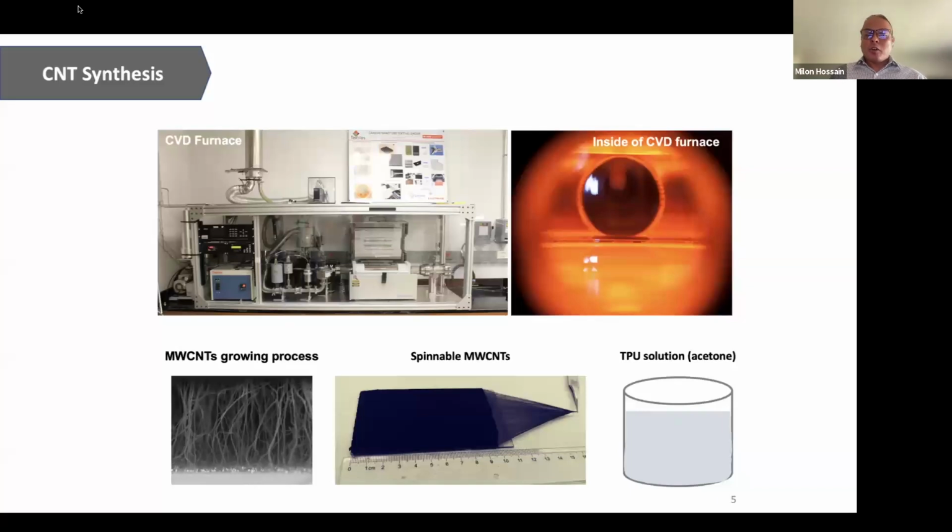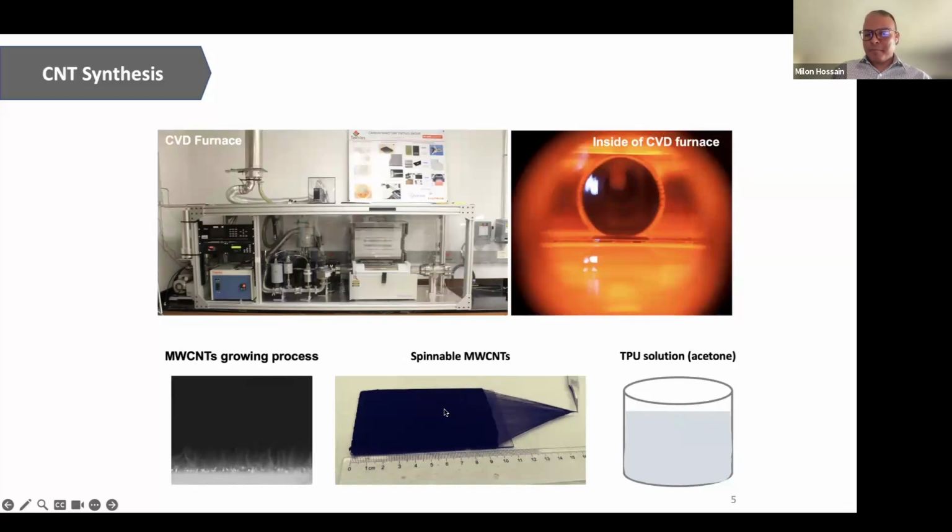We can go beyond that limit, but after that, it becomes entangled and difficult to process and align together. So typically 1 millimeter is the optimized length for producing a fiber. You can see here how the growth process goes on. After that, we get a spinnable multi-wall carbon nanotube.